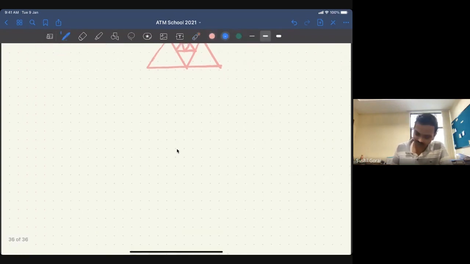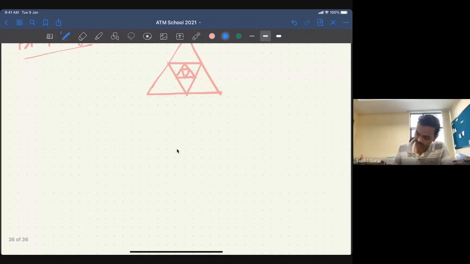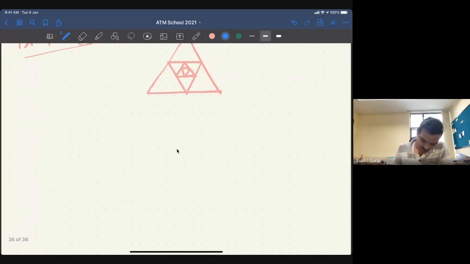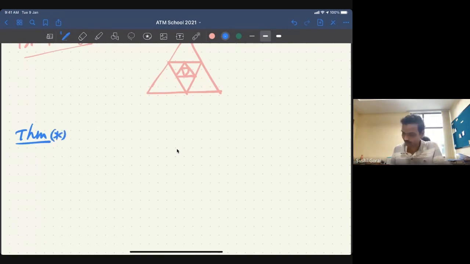So let us prove a generalization of the previous one. This is another theorem, and we'll use this one today itself. So let's call it star.